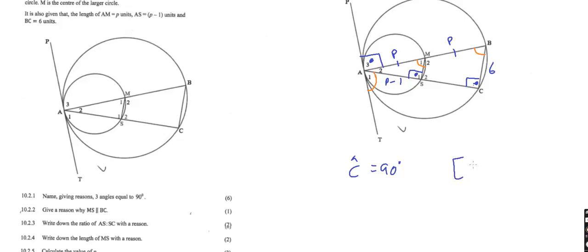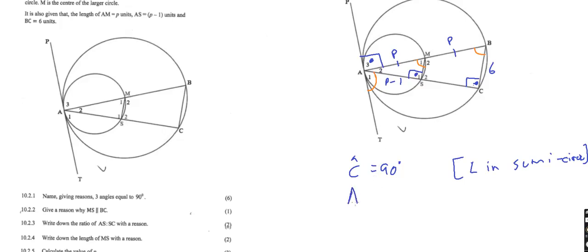So that's going to be angle in semicircle. Because I'm referring to one angle, that is why I'm saying angle. But in the other examples, I was saying angles because I was referring to more than one angle combined. So C is equal to 90 degrees.